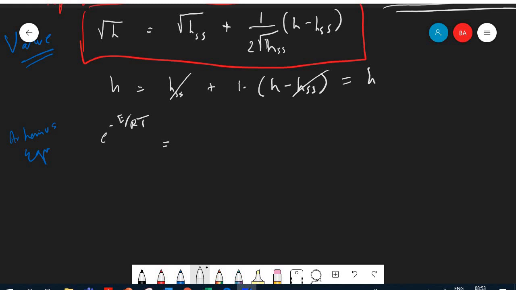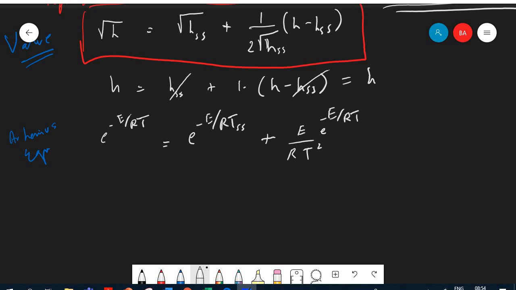So this term is equal to the same term at steady state, plus the derivative of that term, and the derivative of that term, if you do it on your own, is E over RT squared times e to the power minus E over RT.